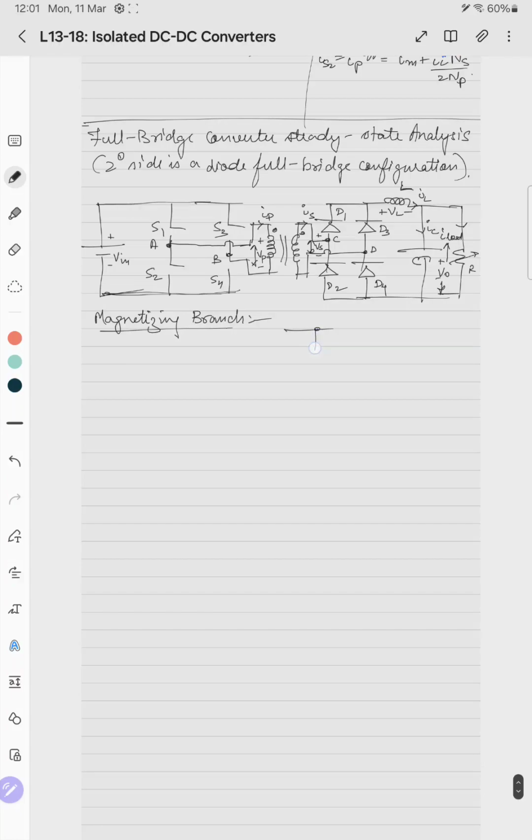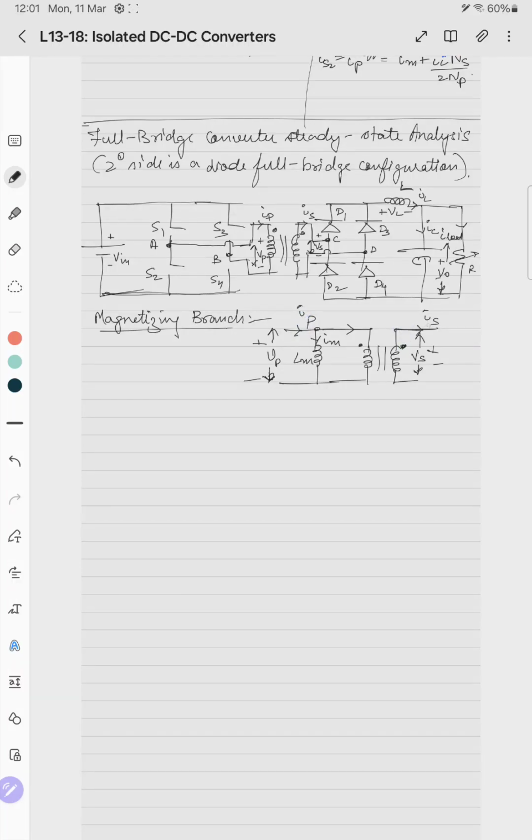So it is a simple magnetizing branch, LM. So it will be like this. This is IS, VS plus minus, VP plus minus, this is IP.